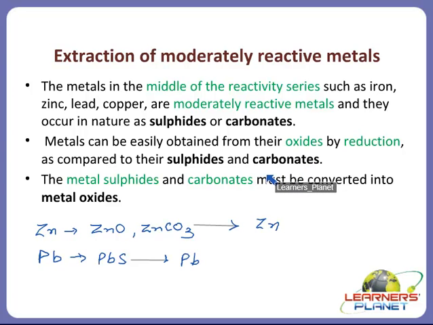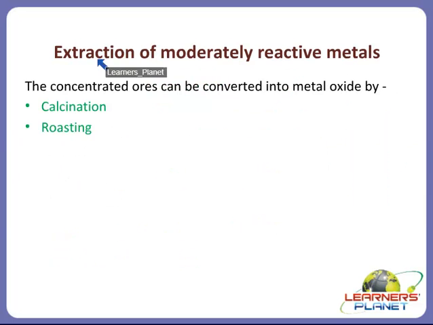So what is done for this? The metal sulfides and carbonates must be converted into metal oxides. So what should be done first is that their carbonates or sulfides or sulfates should be converted to their oxides. Let's see how it can be done.